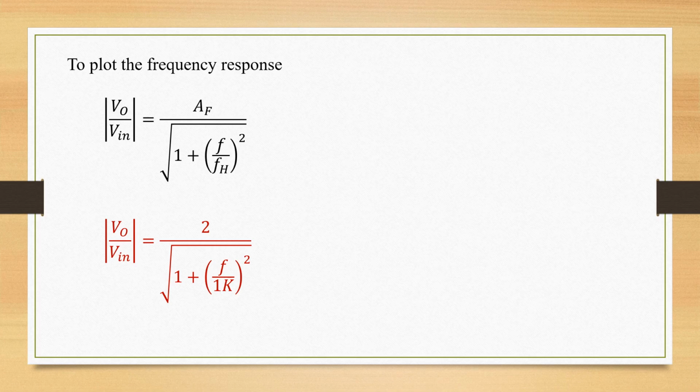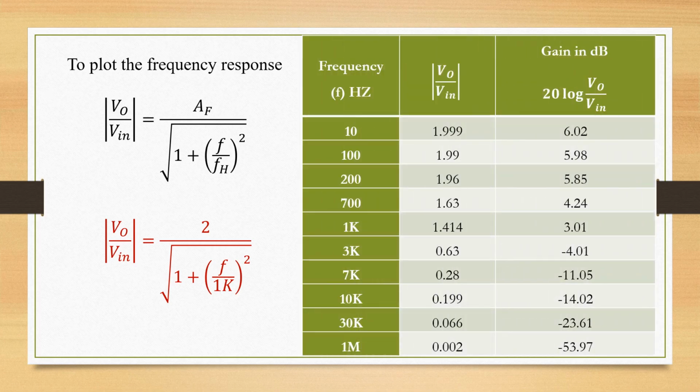We will form a table with three columns: the frequency, the gain, and the gain in dB. The final frequency response should be in decibel form, which is 20 log of V0 by Vin. We will assign some values for the frequencies.